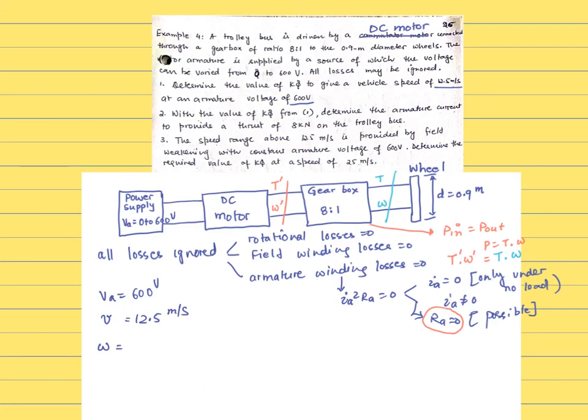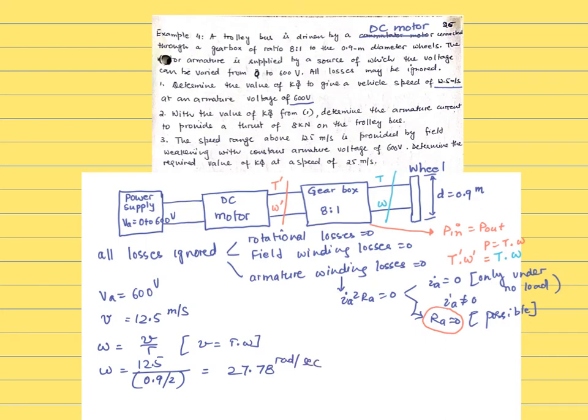So omega is given by V divided by R. You remember the equation, V equals R times omega. So omega is 12.5 over the radius of the wheel, which is 0.9 divided by 2. This gives you 27.78 radians per second.